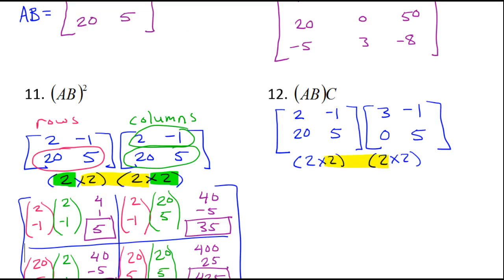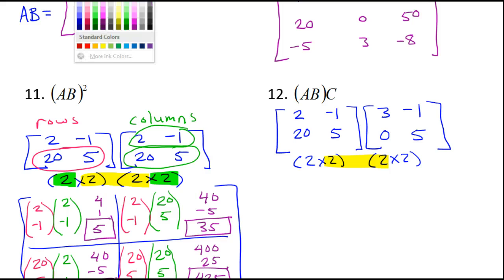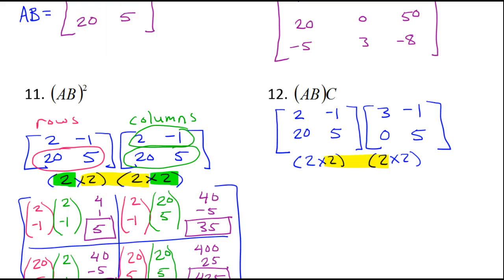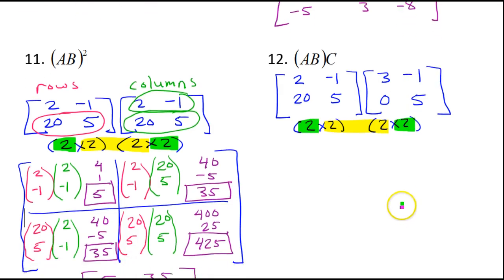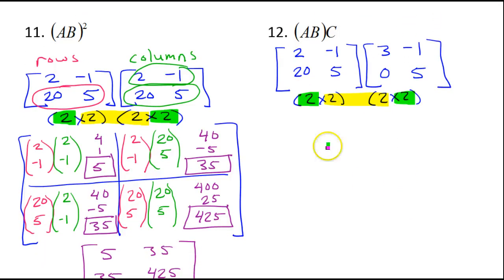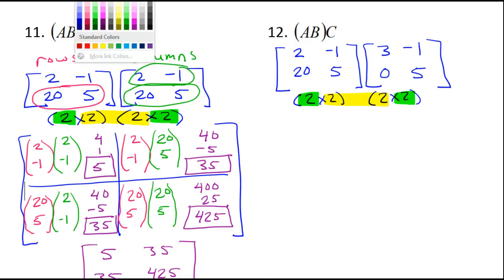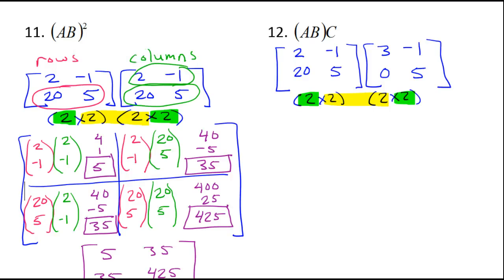The outer dimensions will tell us the dimensions of the final product. So, because the outer dimensions are 2 by 2, we know that the final product will be a 2 by 2 matrix, which is important because we need to set up an empty 2 by 2 matrix in which to show our work.